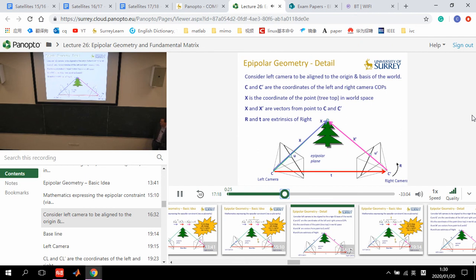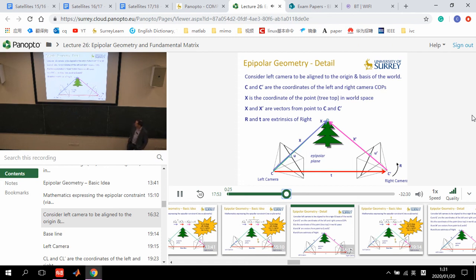In other words, the extrinsics of the left-hand camera relative to the origin of the world are basically the identity matrix for its rotation R, and a vector of zeros for its translation, small t. Is everyone following that? And for the right-hand camera, I'm now going to use C for the center of projection, the focus. We're going to call the right-hand center of projection C prime.